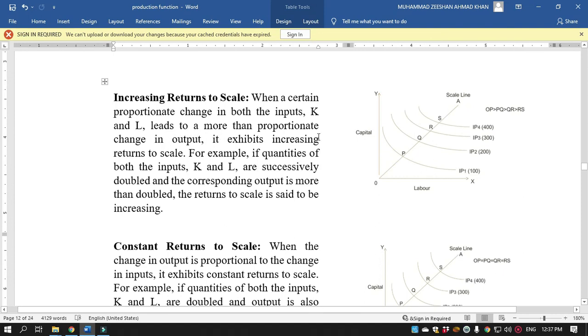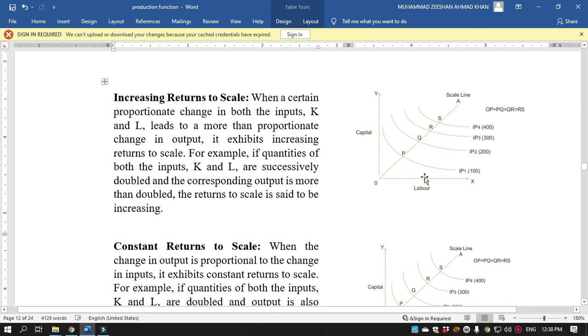It means that if you are using the same level of output by deploying less labor and capital, we can translate it into two ways. Either you are increasing the same ratio of labor and capital, and that is producing higher production than the previous quantity, which is called increasing return to scale.